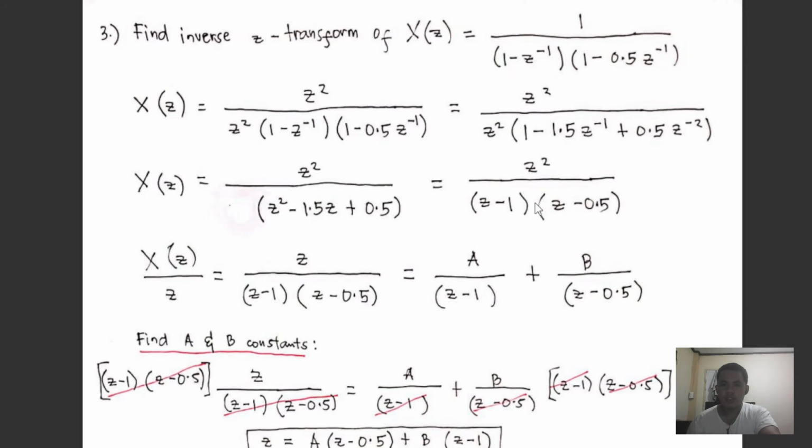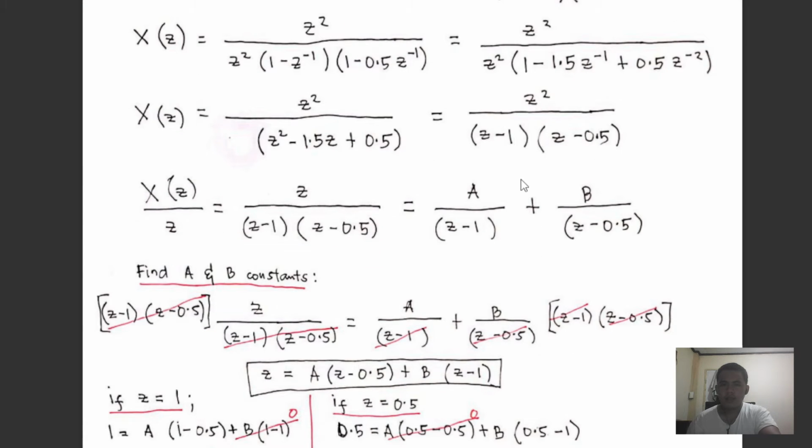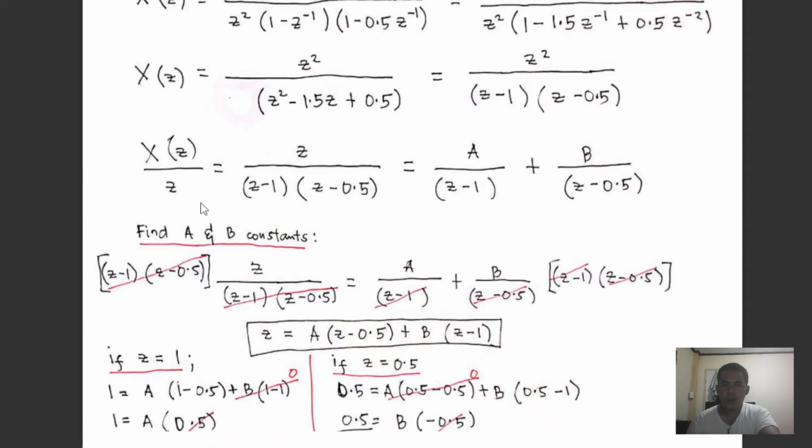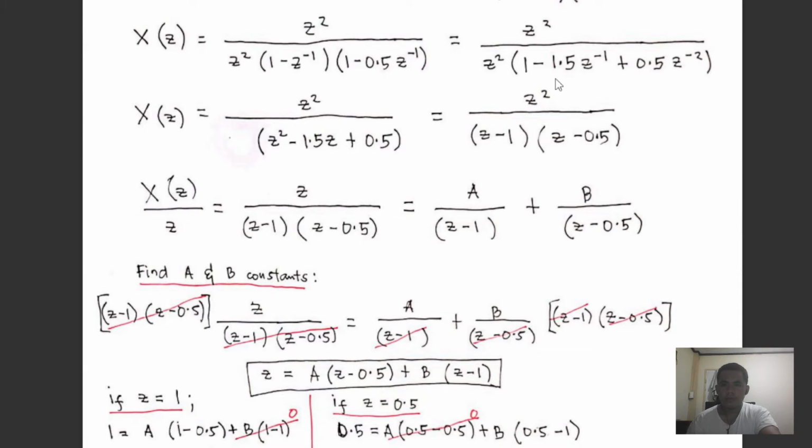The next step is to divide both sides of the equation by z. We divide this by z and this also by z.